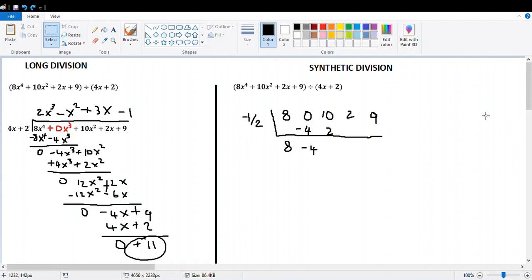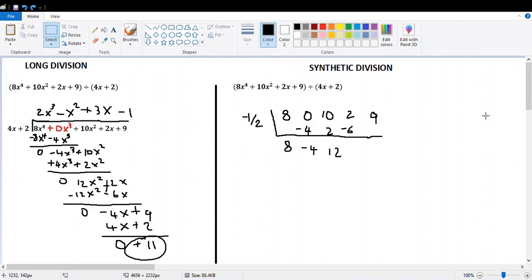One more time, in this case it's an addition, 10 plus 2, because both of them are positive. 10 plus 2 is 12. Put it here. And one more time, multiply by negative 1/2. 12 positive times negative 1/2, of course the answer is going to be negative because there are different signs. Half of 12 is 6, negative 6 in this case.